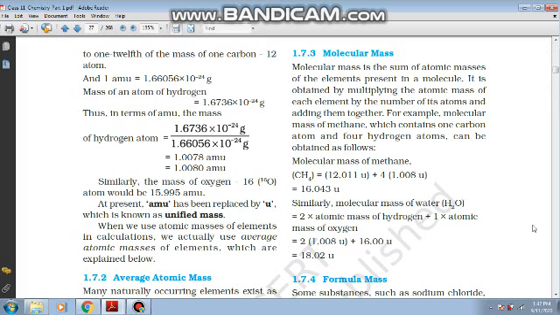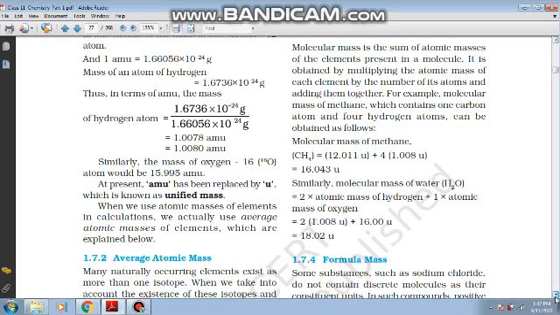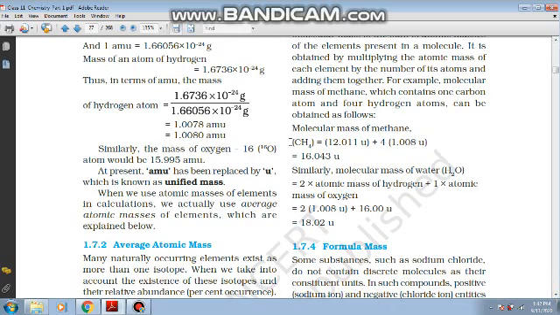Then molecular mass. Molecular mass is simply determined by multiplying the number of each element present in the molecule by its atomic mass and adding all such entities in the same way. So if we want to find out the molecular mass of CH4, it should be 12 into 1.